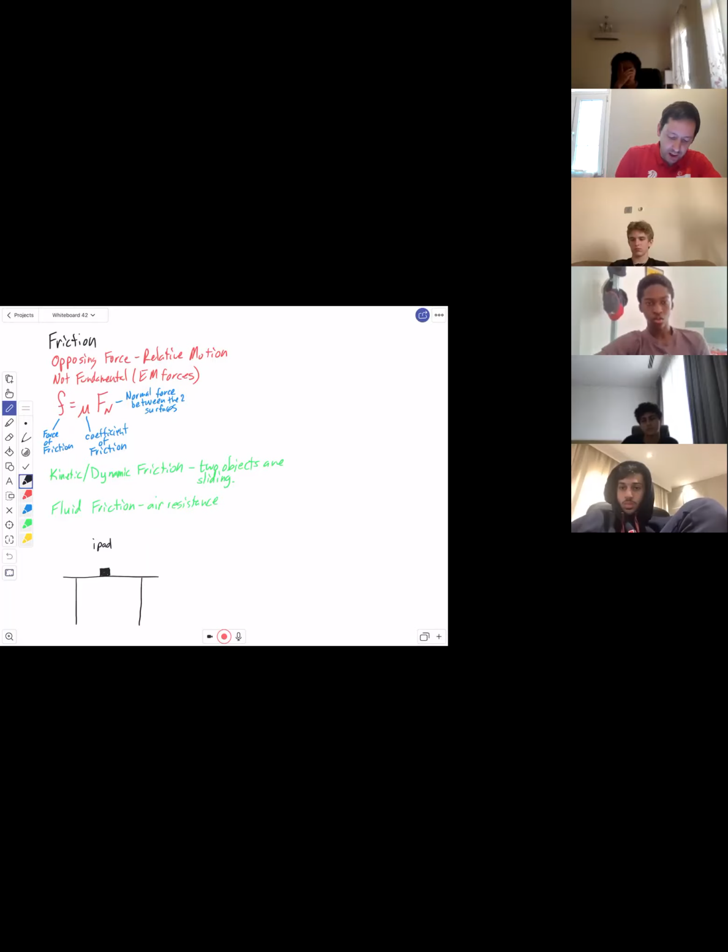So I started drawing it already. This block right here is my iPad. So what are the forces on it, if it's not moving? Gravity. Okay, so we've got the force of gravity down. Force of Mr. Bywater, so I'm pushing it over to the right.